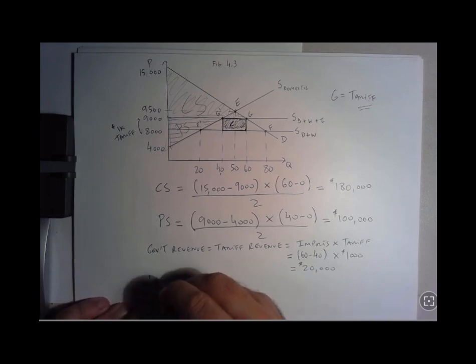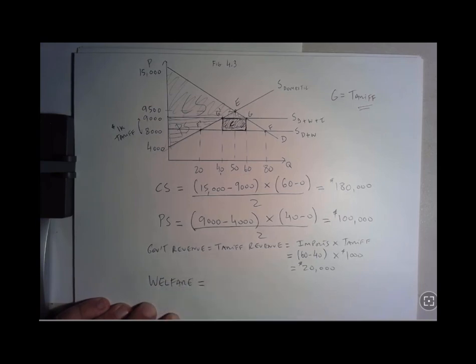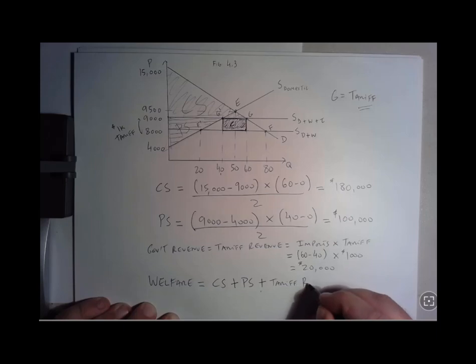So the welfare of this nation is now equal to the consumer surplus plus the producer surplus, but differently from the other scenarios, we now are going to add the tariff revenue because it's kept by the government of this nation.